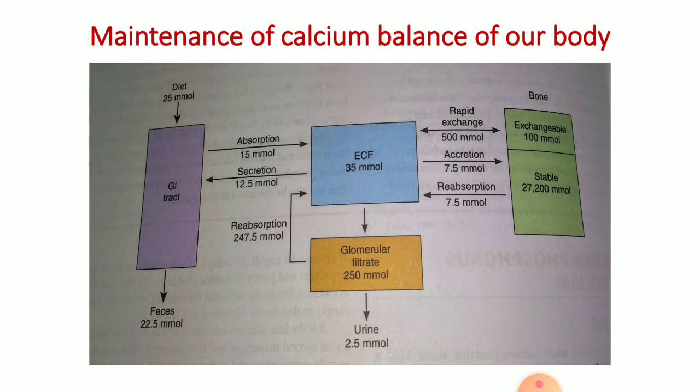Now one thing I must tell you, that absorption of calcium from the diet, excretion of calcium from the body, deposition of calcium from the extracellular fluid to the bone, and resorption of calcium from the bone to the extracellular fluid, everything is under the influence of different calcitropic hormones. So basically the maintenance of calcium balance is achieved through the interaction of different organs of the body like gastrointestinal tract, kidney and bones.